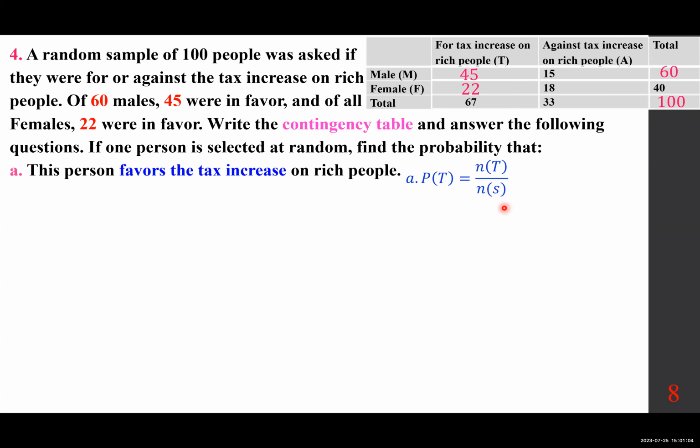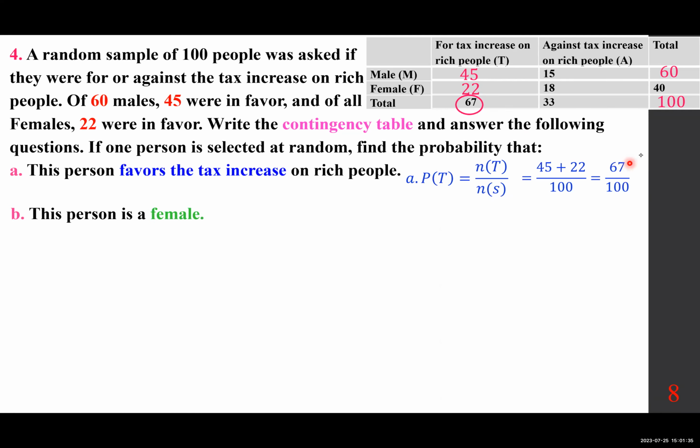We'll discuss it in a moment. So it's N of S, this is 100. Out of those 100, how many are for tax increase, 45 plus 22, or simply 67? So 67 over 100. This happens to be the same as 0.67. If you want to go to decimals, make sure that you are careful as you go from fractions to decimals, because fractions are normally exact and decimals may or may not be. All right.